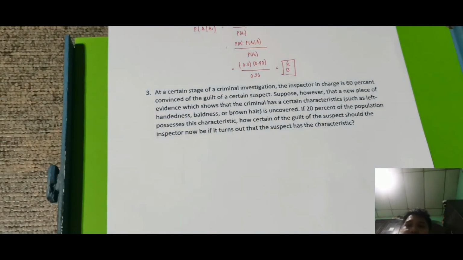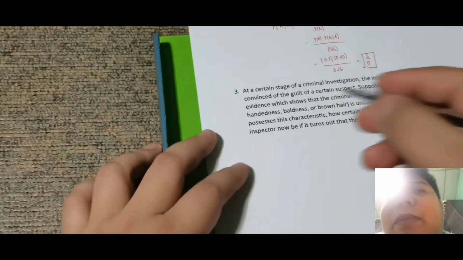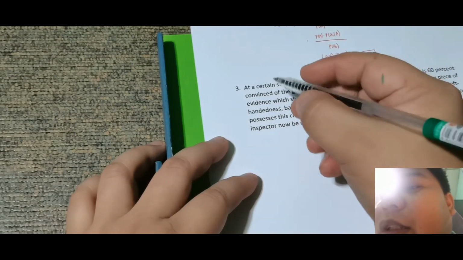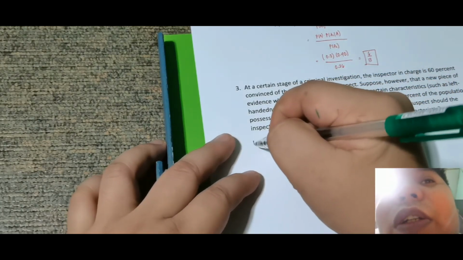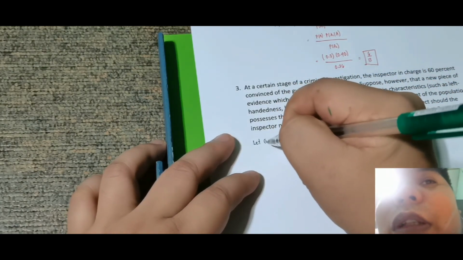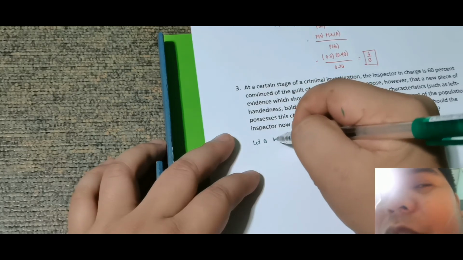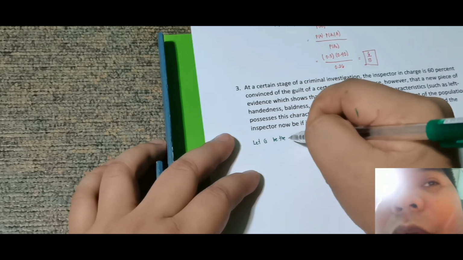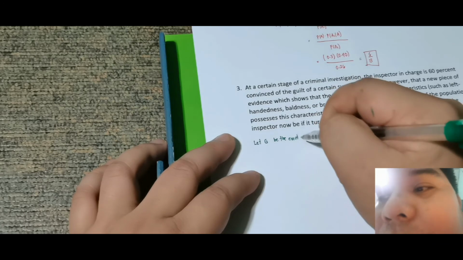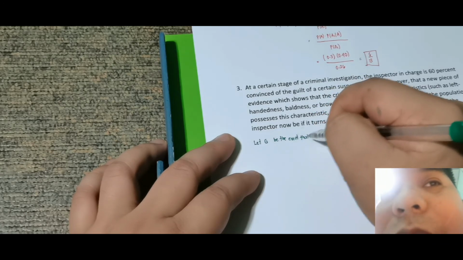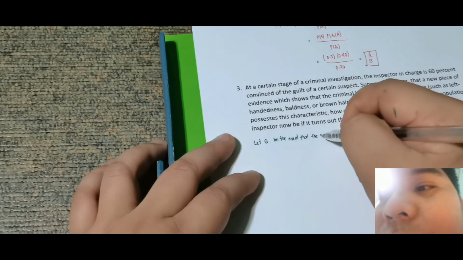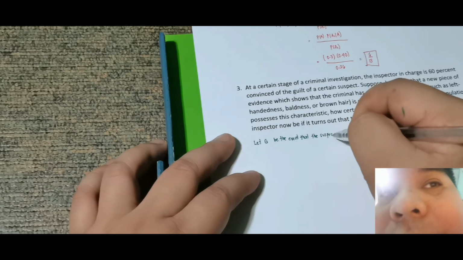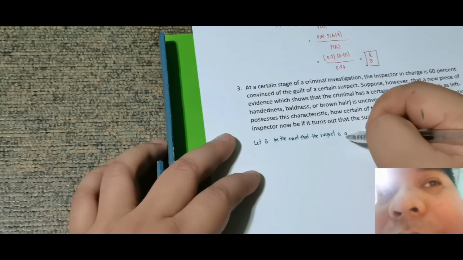So, maglet tayo. Syempre, una importante is maglet tayo ng mga event. So, let G denote the event. Let G be the event that the suspect is guilty.